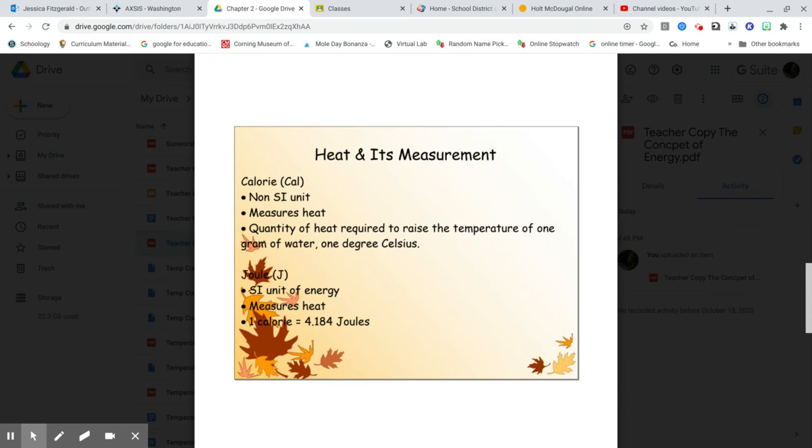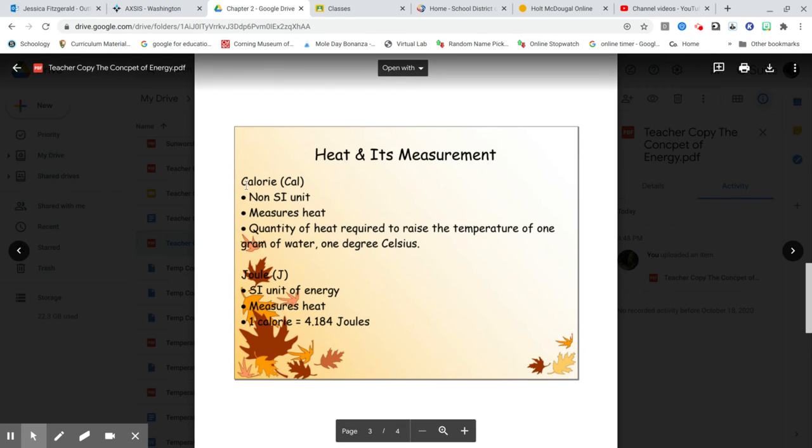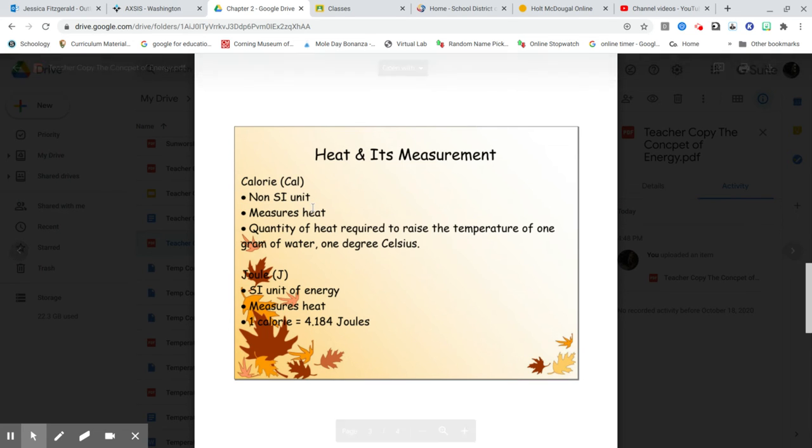So the non SI or the English unit for measuring heat is the calorie. Notice it's capitalized CAL. There are two different types of calories. I call this the big calorie or the food calorie. This is the calorie that's on your nutrition label. It measures heat. So, the quantity of heat that's required to raise the temperature of 1 gram of water by 1 degree Celsius.